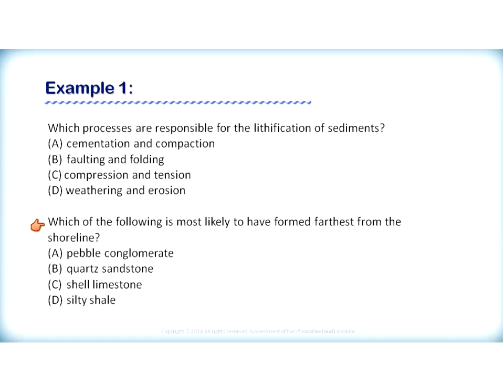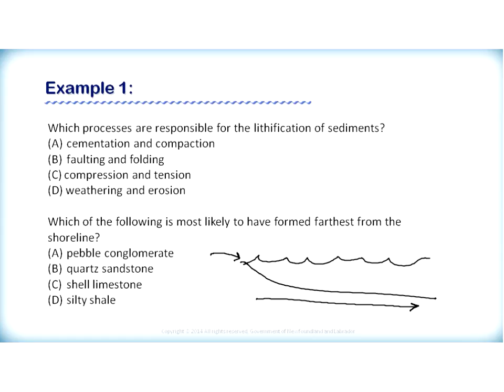Second question of example 1 says, which of the following is most likely to have formed farthest from the shoreline? If we look at a river flowing into either a lake or an ocean, the farther we travel from the shoreline, the less energy the water will have.